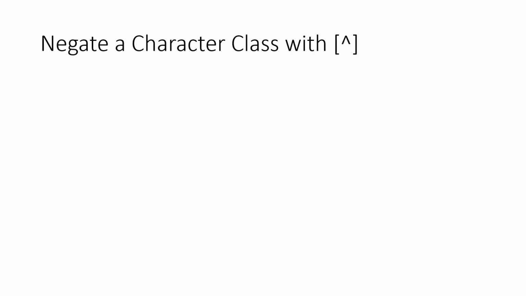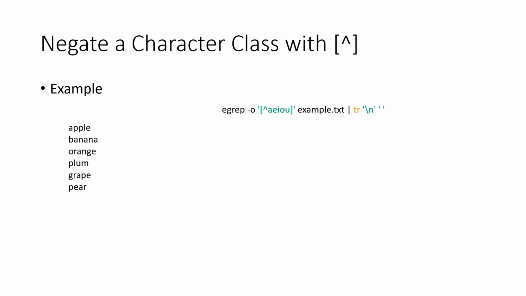The next example we'll look at is caret, in this case inside brackets. For example, let's say I have that file with the different fruits on it, and now I want to do egrep, and then you'll see that I have a caret inside brackets, A-E-I-O-U. And then another thing I've added here is this tr backslash n, and then just a string for a space.